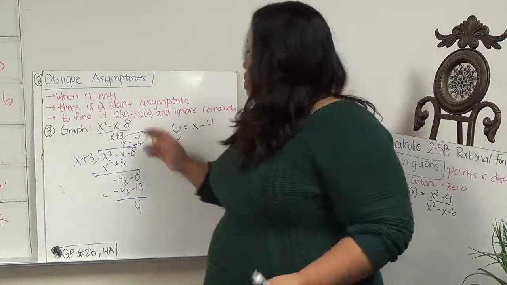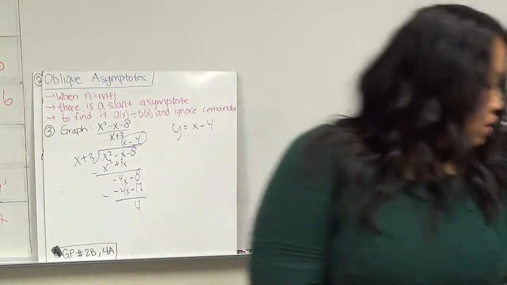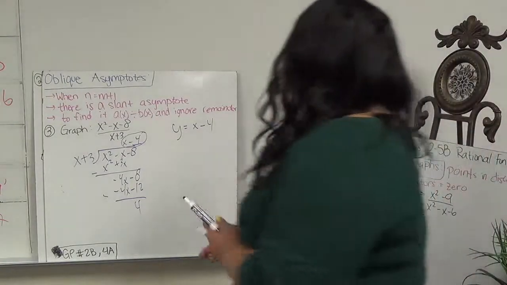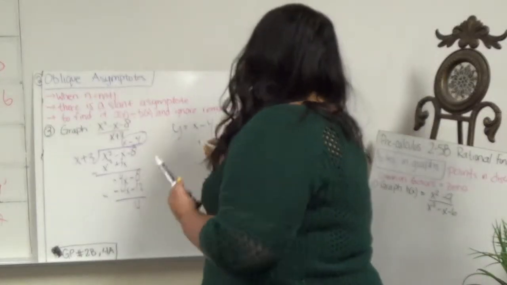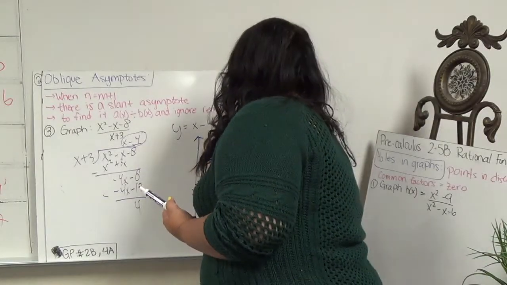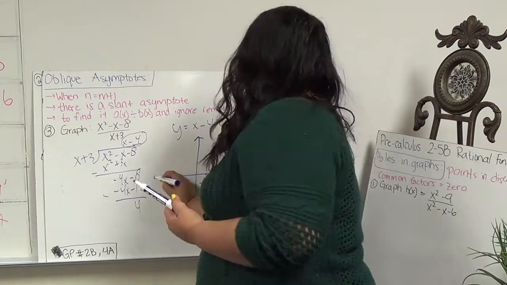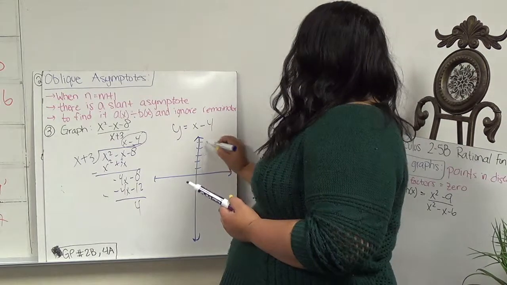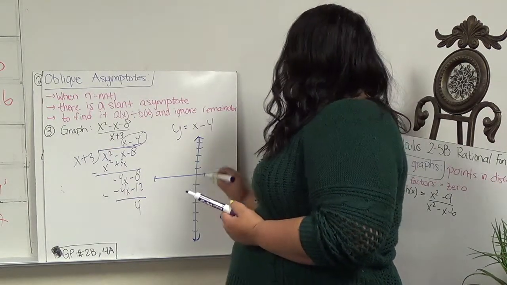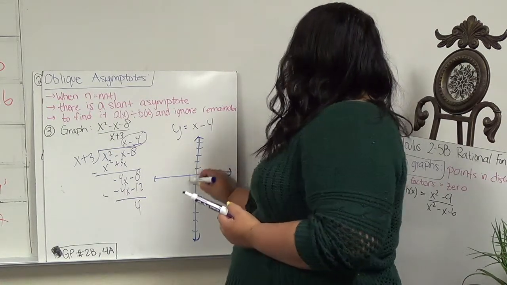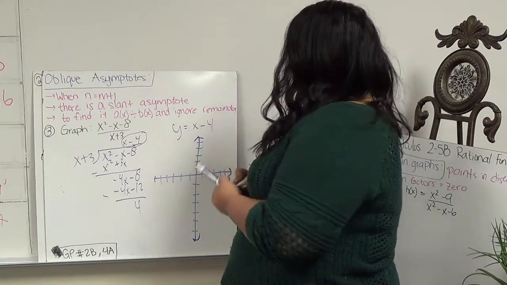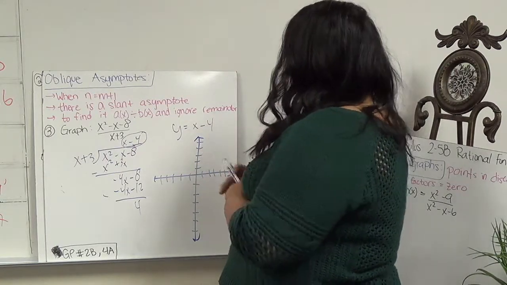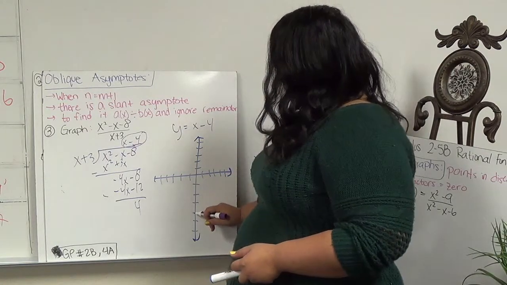So I would do the same thing that I did in the last section, except in this case right here, right? If I start at negative 4 here, right?